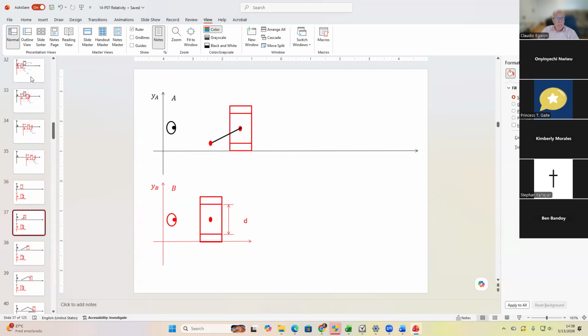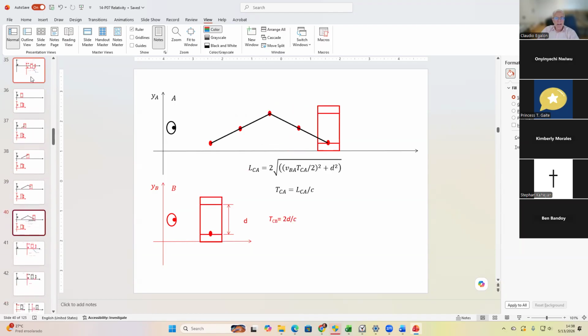Observer A sees that clock B moved. The photon of clock B is moving in a diagonal line, right? So that's the distance that the photon has moved. It didn't see the photon moving a distance 2D. It sees a different distance. It sees a distance that is given by the hypotenuse of this right angle triangle.